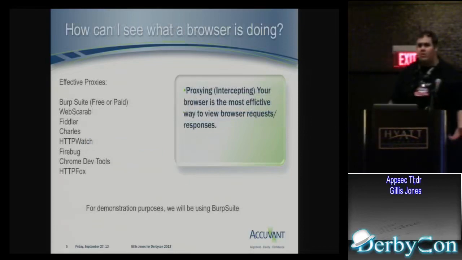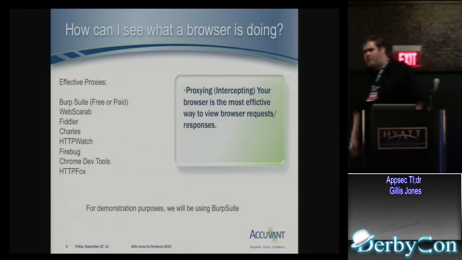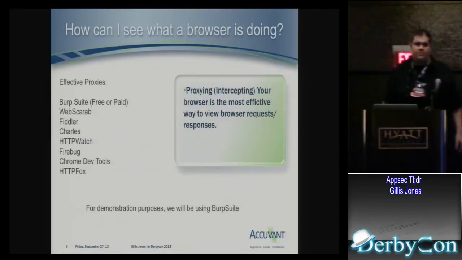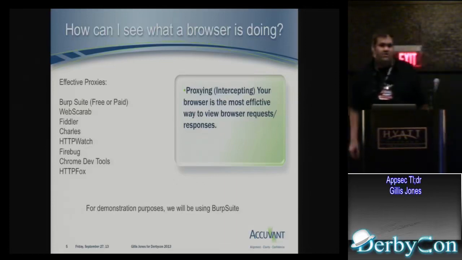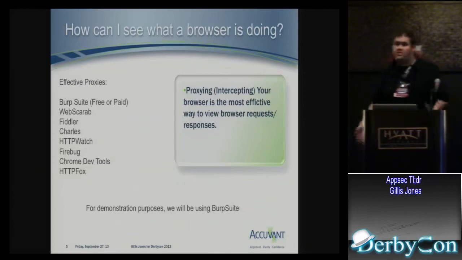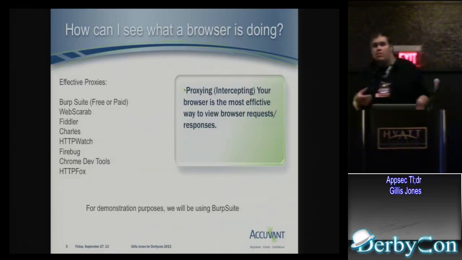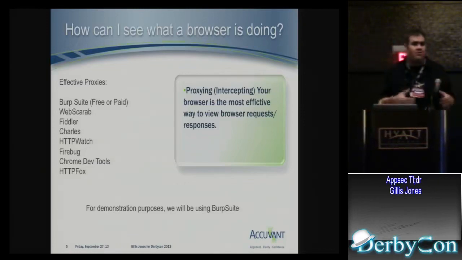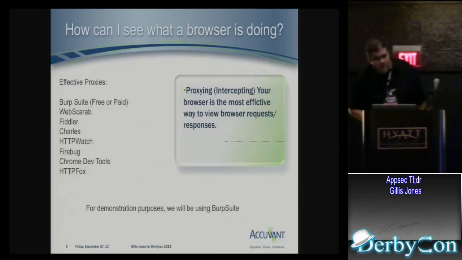Now, there are a couple ways to see the requests that are being transferred from your browser to other sites. One of my favorites is Burp Suite, which is a man-in-the-middle proxy that allows you to actually intercept the request and see what exactly every request you're making is sending out.